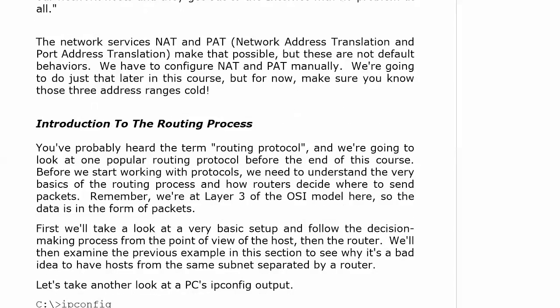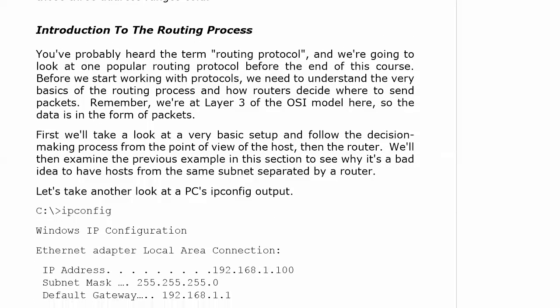Now let's get to that introduction to the routing process. You've heard the term routing protocol most likely. You've probably even used one of them. If you haven't, that's fine, because you're going to use a couple of them before we finish with this course. Now, before we start working with the actual routing protocols, though, we need to understand the very basics of the routing process and how routers decide where to send our packets.